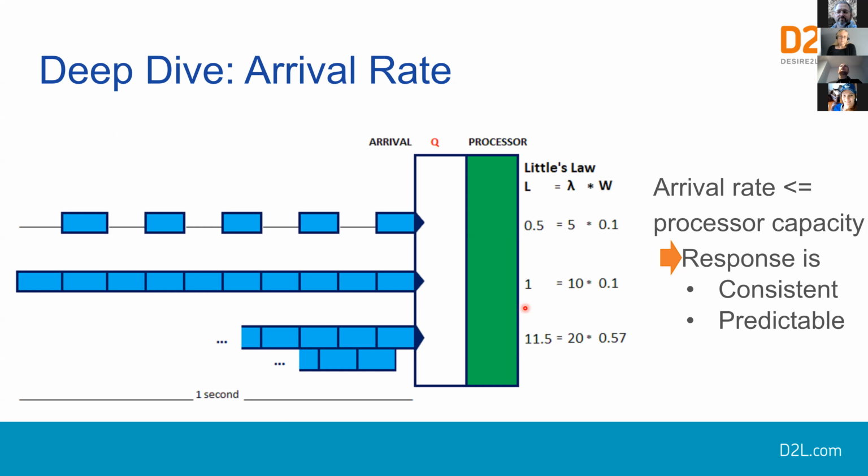We must remark here that as long as queuing is not happening, again, on our closed theoretical system for now, the response time is both consistent and predictable. And now we have scenario number 3, which exemplifies when the system is overutilized.